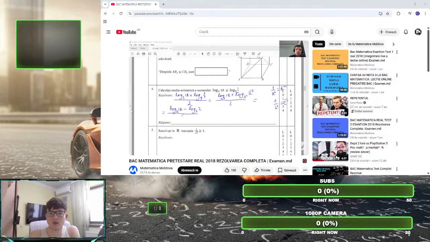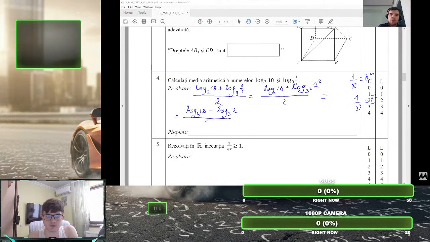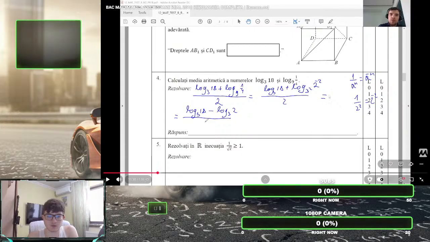Basically, I understood why. It's because you take the powers, you work with the powers. Minus 2 divided by 2 is going to be minus 1. So you have the 2 to the power minus 1.